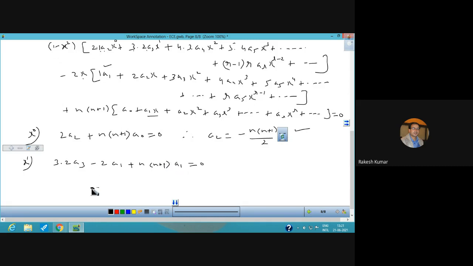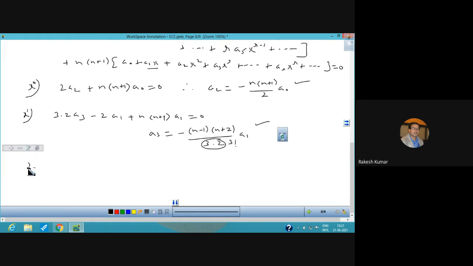So this is the coefficient of x raised to power 1, and from this you will have a3 is equal to minus of n minus 1 n plus 2 upon 3 into 2 into a1. So this is the coefficient we have, and 3 into 2 can also be written as 3 factorial.